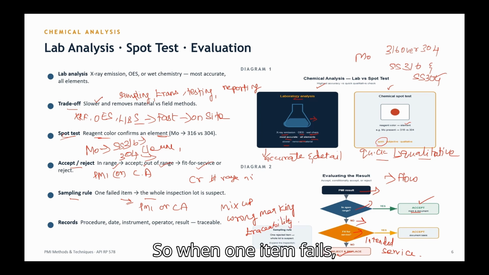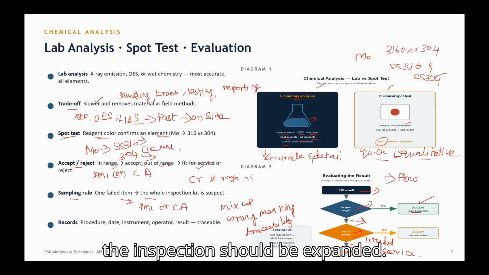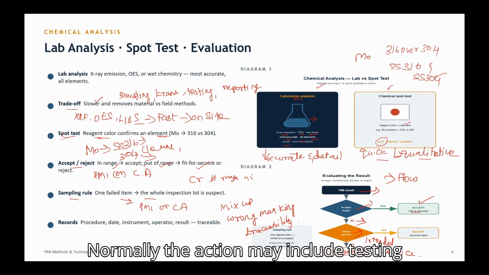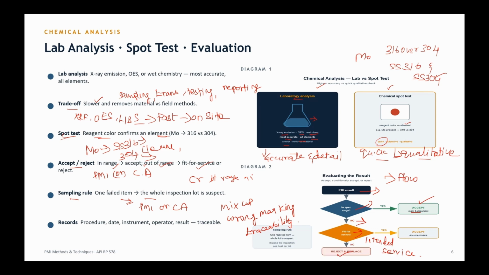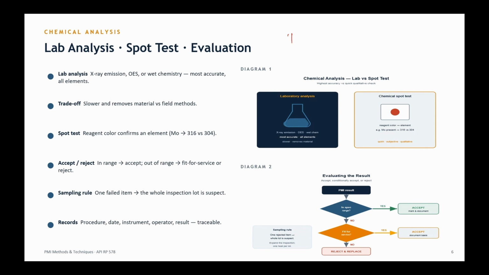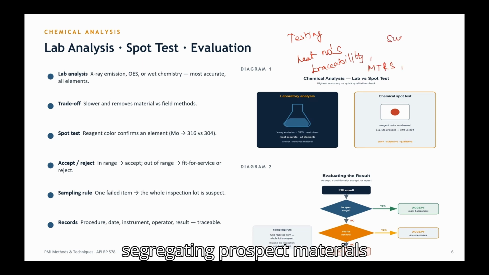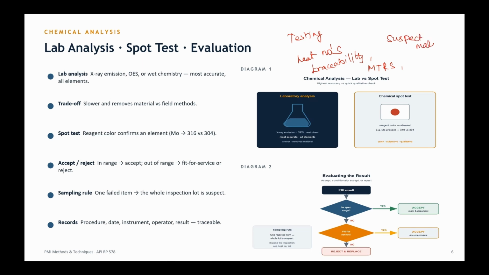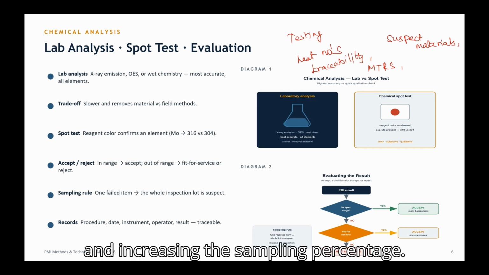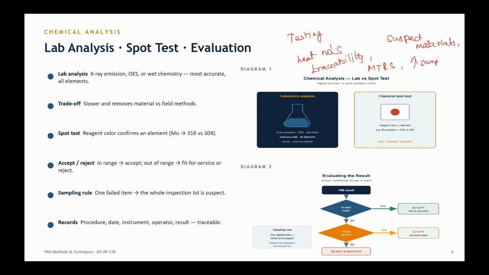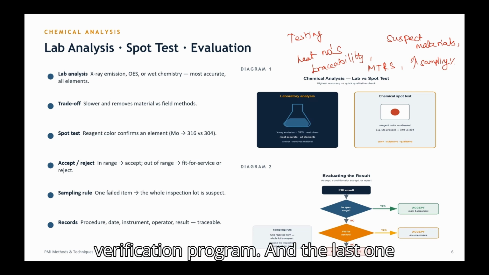So, when one item fails, the inspection should be expanded. Normally, the action may include testing more items, reviewing heat numbers, checking traceability, verifying MTRs, segregating suspect materials, and increasing the sampling percentage. This is very important in a material verification program.